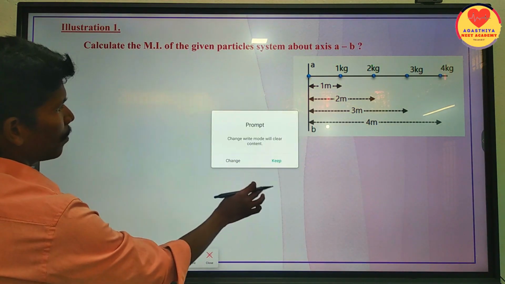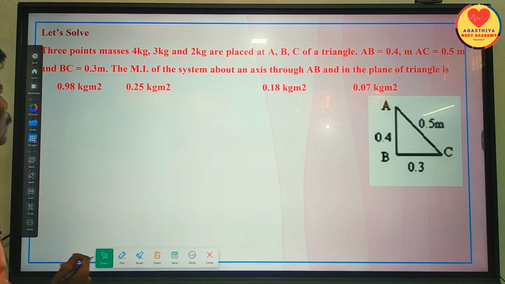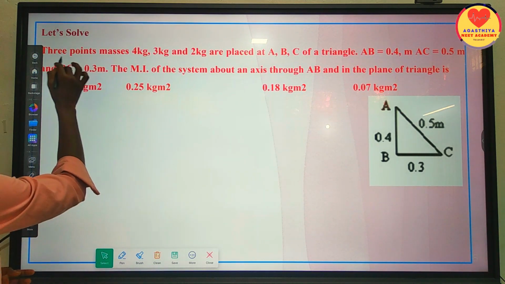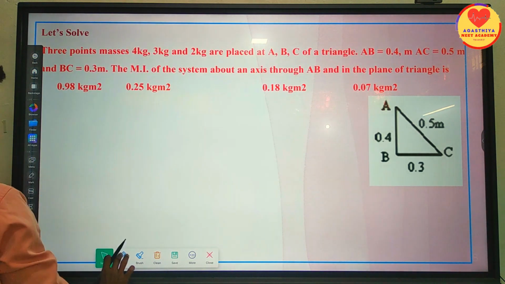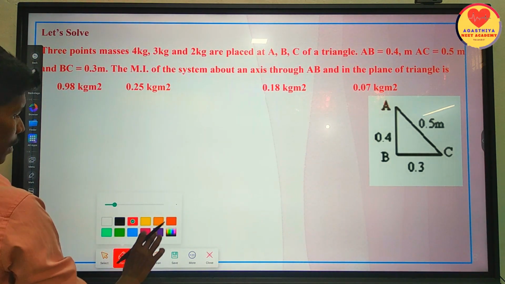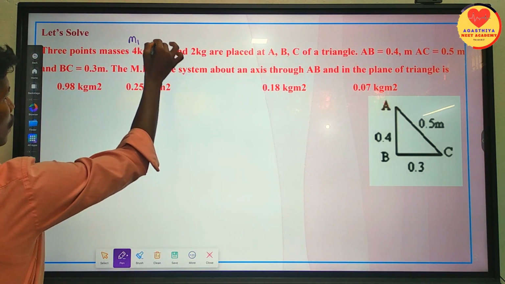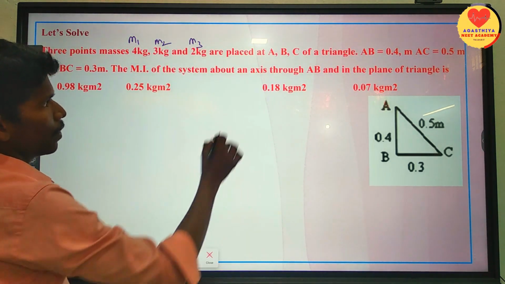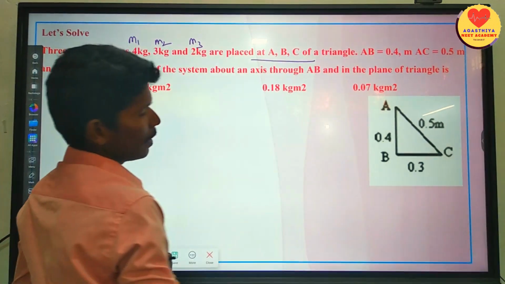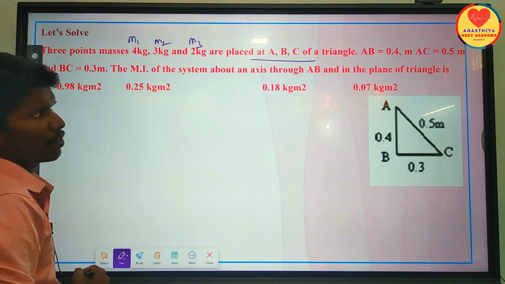So next we will see 3-point masses. Let's solve 3-point masses. M1, M2, M3 are placed in triangle ABC.